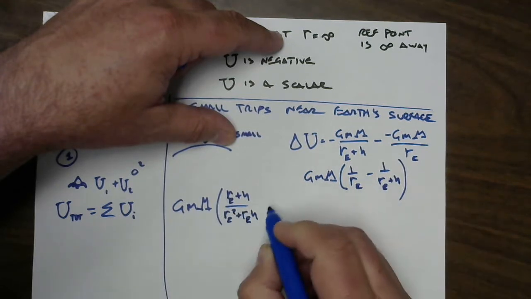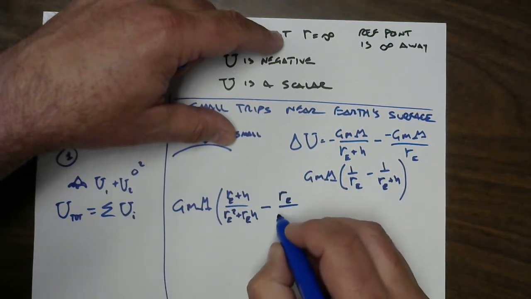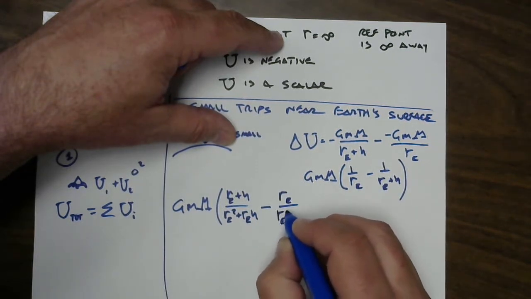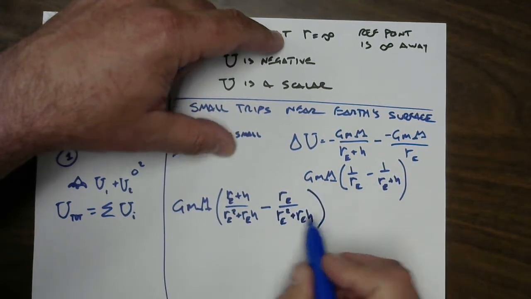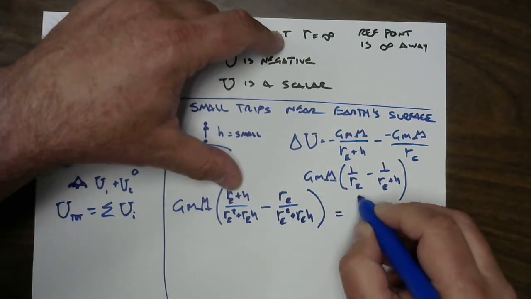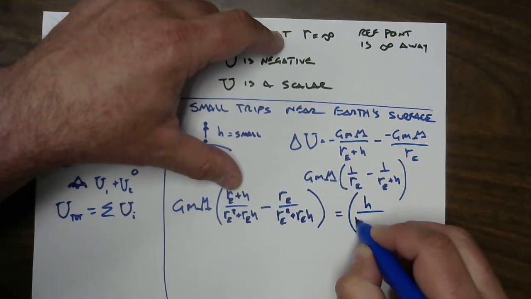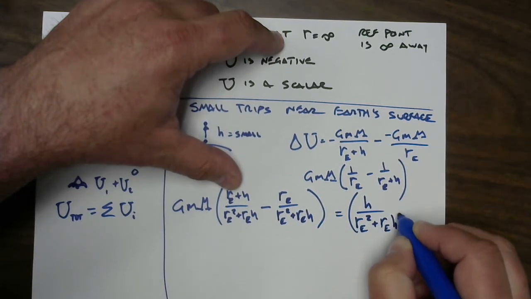That's the product of these two. Minus, and then the other thing is going to be Re over Re squared plus Re h. And this Re plus h minus Re is going to give us just an h on the top, and on the bottom is going to be Re squared plus Re times h.